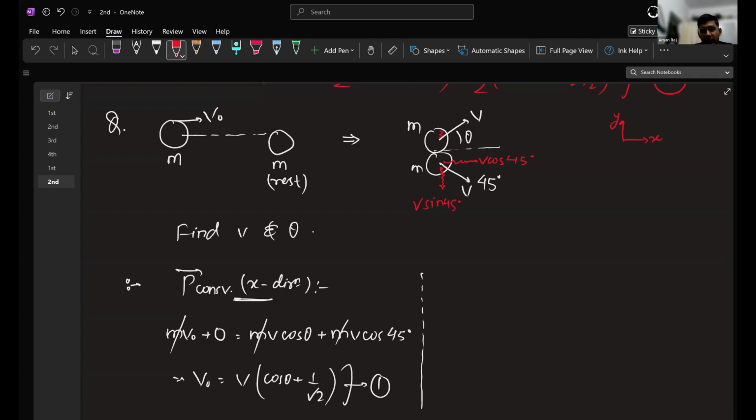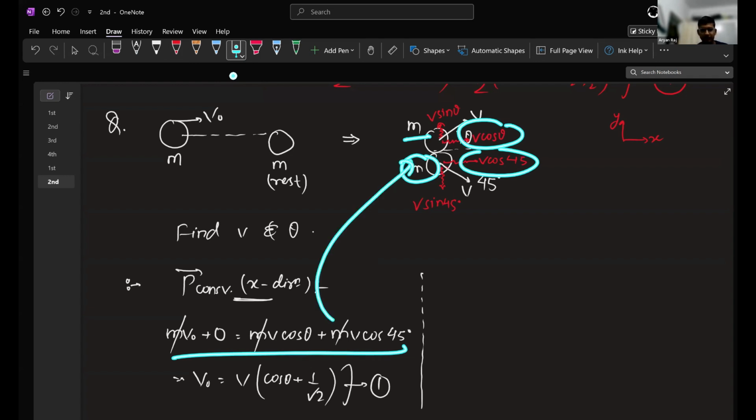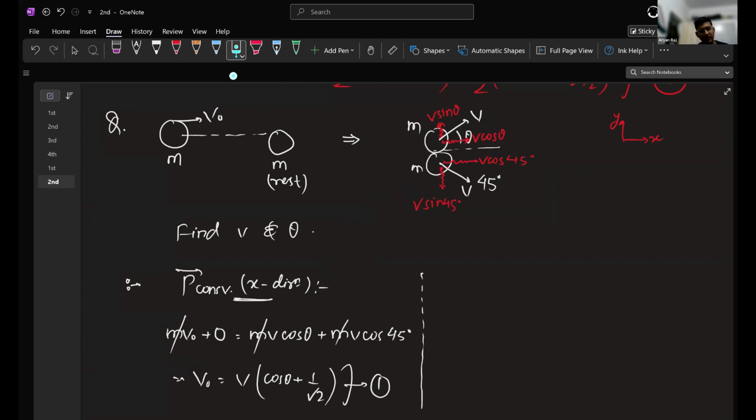And here it is going to be v sin theta above, and in the x direction it is going to be v cos theta. That is why I have written initial momentum m v naught plus 0, as the second is at rest, equal to m v cos theta plus m v cos 45 degrees. Everything clear? Yeah.